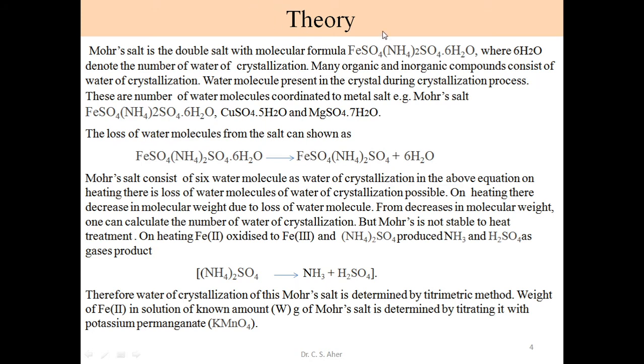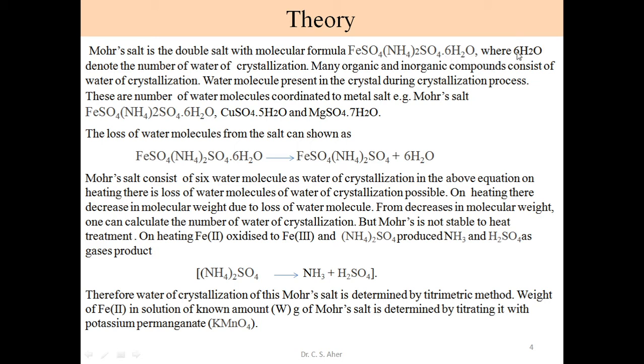So what is the theory behind this experiment? Mohr salt is a double salt whose molecular formula is FeSO4, (NH4)2SO4, that is ferrous sulfate and ammonium sulfate, these are the two salts, so it is a double salt. And this double salt has 6 molecules of water, 6 H2O.